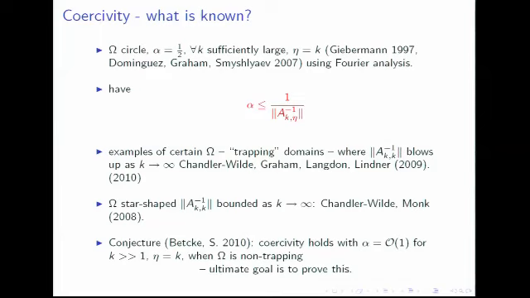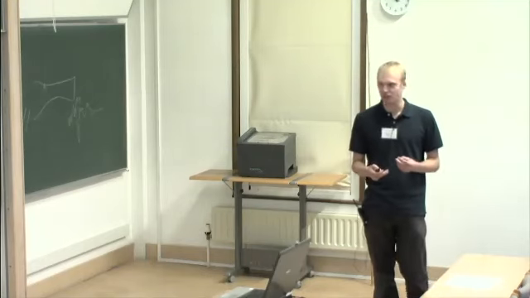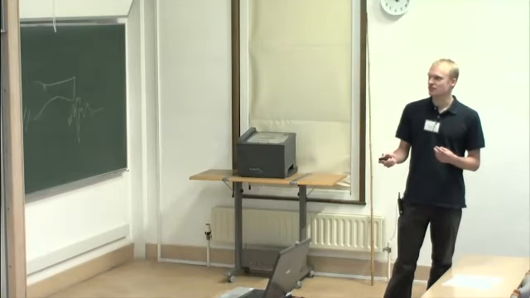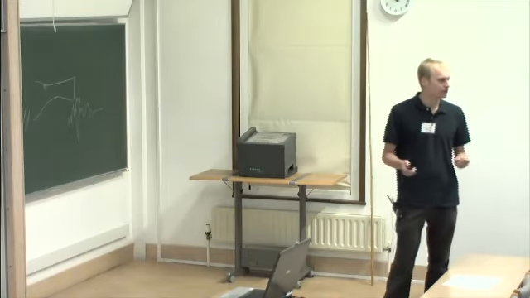And then there was this numerical investigation of coercivity that Timo talked about earlier in the week, where on the basis of numerical experiments, we conjectured that coercivity holds with a constant of order 1 in k whenever k is large enough, whenever the domain is non-trapping.